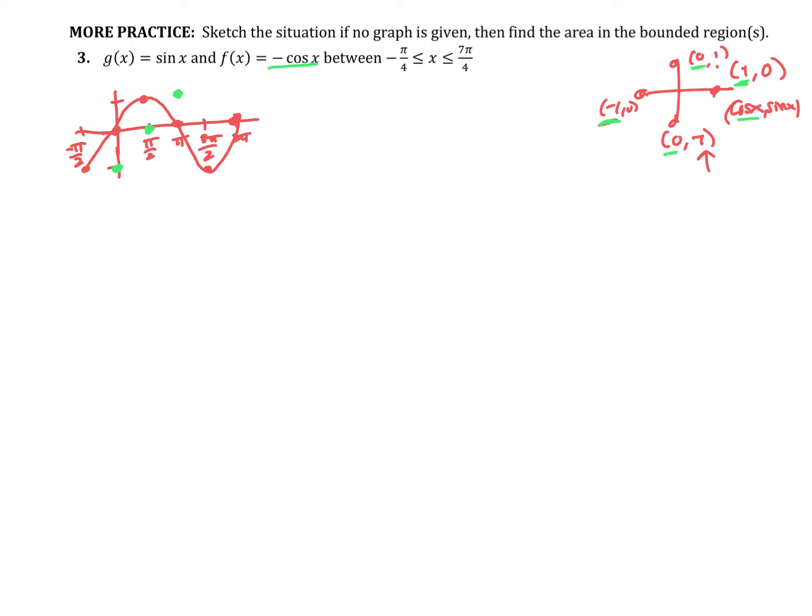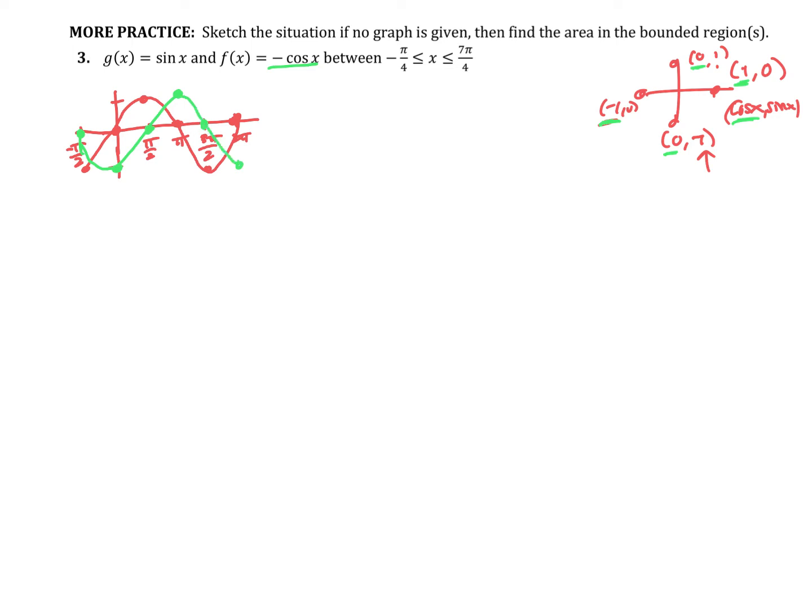Cosine of 3 pi over 2 is 0. Cosine of 2 pi is 1, and then we make it negative. So we're going to connect our cosine curve, hopefully a little bit more carefully than I just did. And we're going to extend it so that it goes all the way to negative pi over 2.